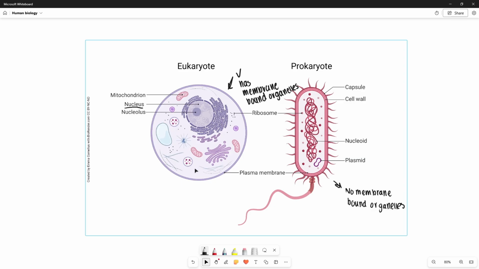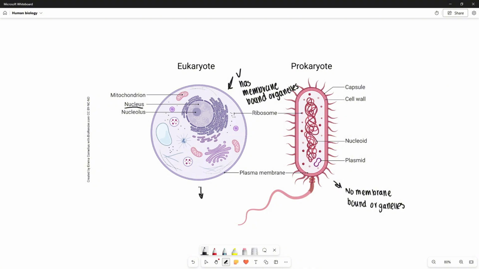Another major difference is that eukaryotic cells are much bigger than prokaryotic cells. So we also want to talk about how eukaryotic cells are bigger, and prokaryotes are smaller.